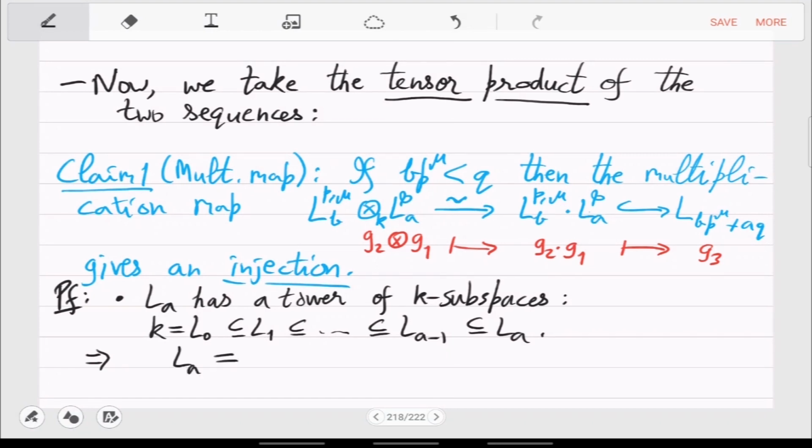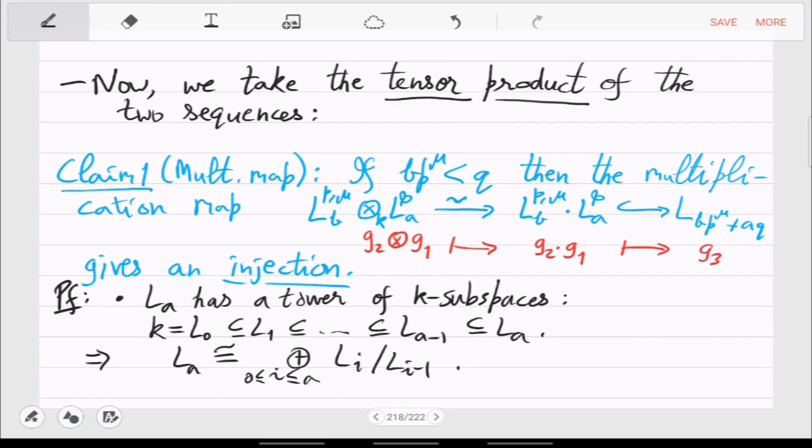This actually gives you a decomposition of L(A) as this sum. Recall what L1 is: L1 is just L(P), the point P, and L(A minus 1) is just L((A minus 1) times P), and so on.